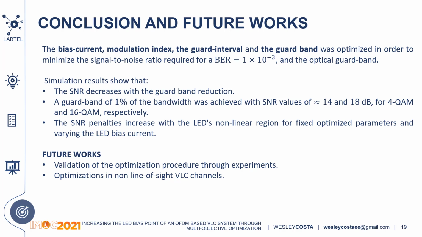The guard band of 1% of bandwidth was achieved for SNR values of 14 and 18 decibels for 4 and 16 km respectively. The SNR penalties increase with the LED's nonlinearity region for fixed parameters and varying the LED bias current. And for the linear region of the LED, the variation of the SNR wasn't expressive.